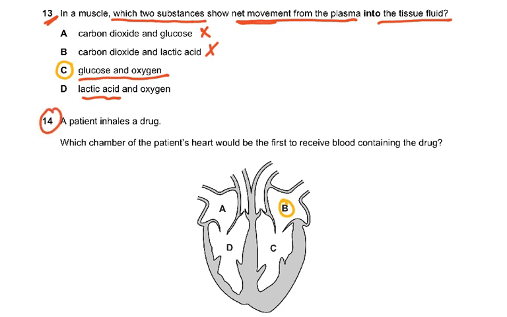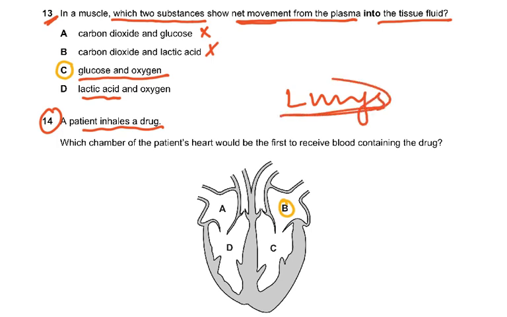Number 14, a patient inhales a drug. Inhales means smokes it, takes it into his lungs. Which chamber of the patient's heart will be the first to receive blood containing the drug? If it is inhaled, then you know it is the lungs where it's taken in.